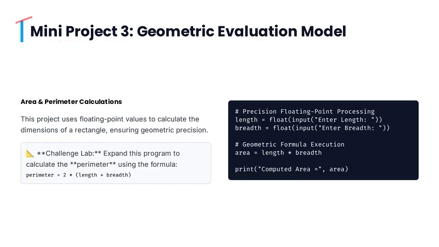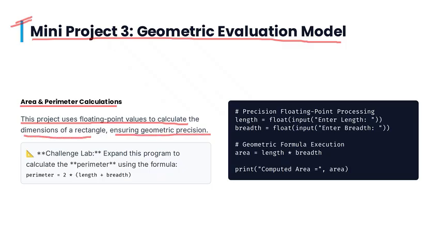Here comes mini project number 3. The geometric evolution model, area and perimeter calculation. This project uses floating values to calculate the dimensions of a rectangle, ensuring geometric precision. Challenge Lab: expand this program to calculate the perimeter using the formula 2 into length plus breadth. Here is the program. It's very simple.